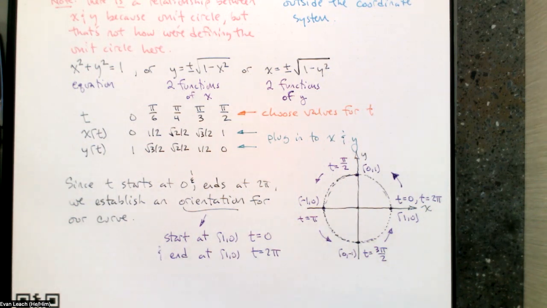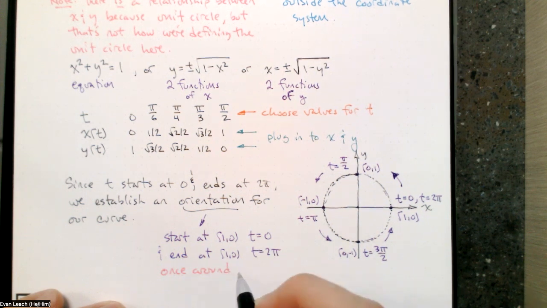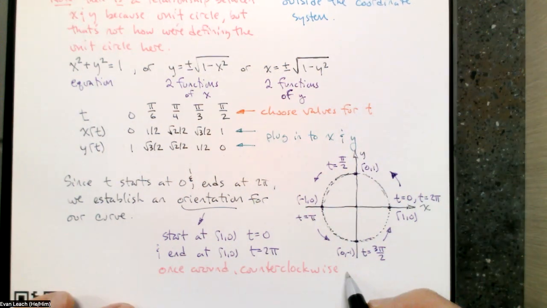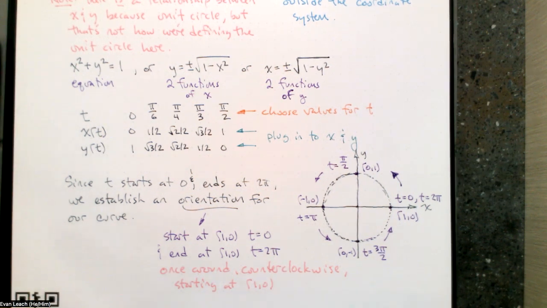Since we're making a circle, we could say go around once counterclockwise. So we might describe this as go once around counterclockwise, starting at 1, 0.